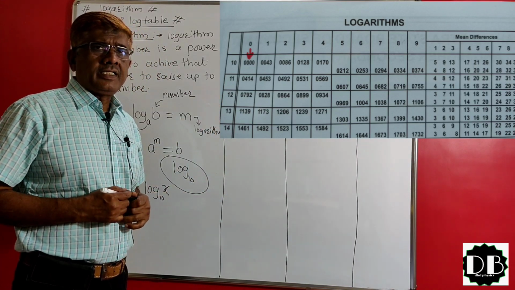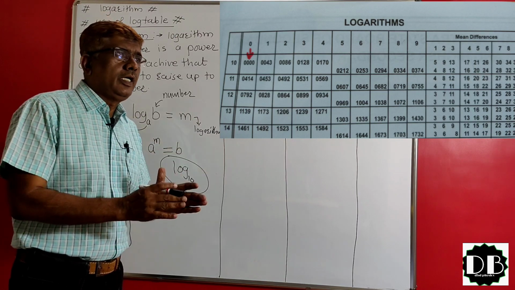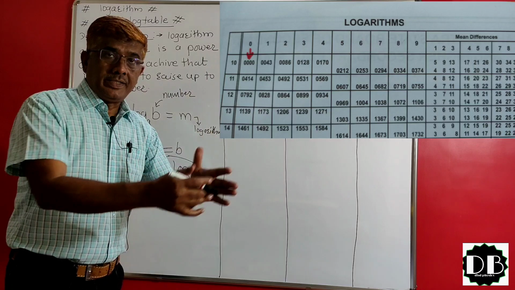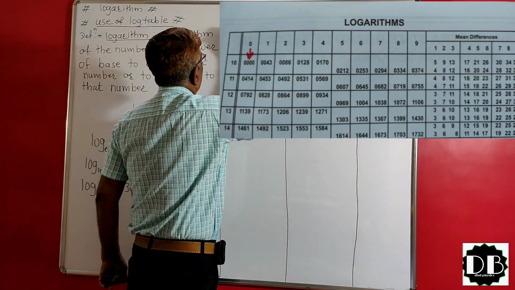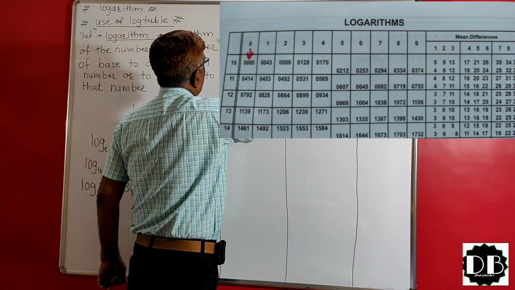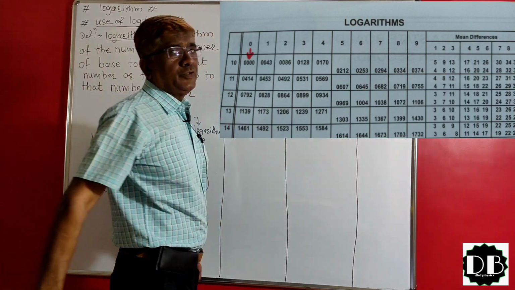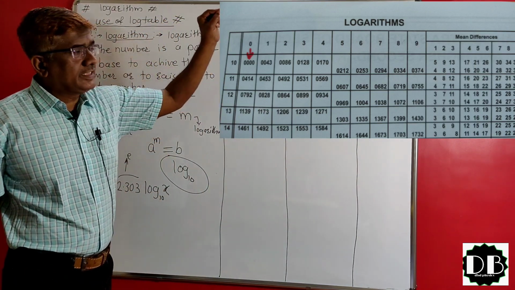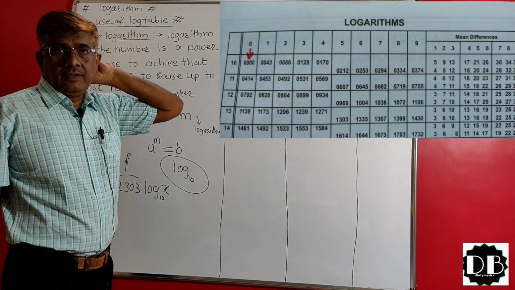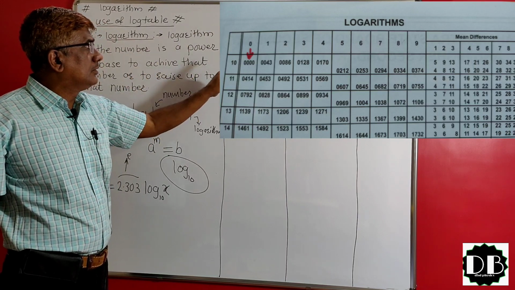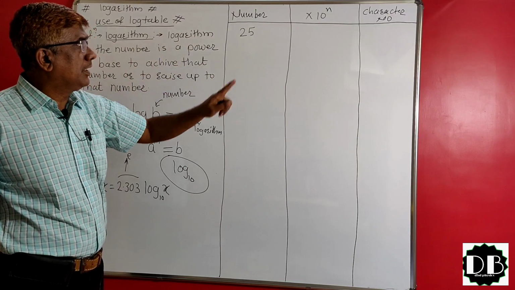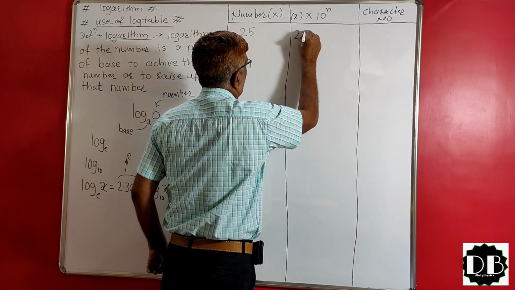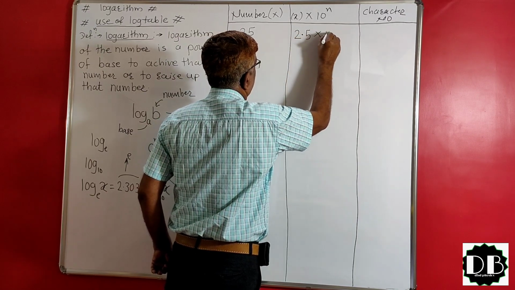What it means, character number means we have to convert that number in the form of power of 10. For example, we have 2500. We want to find out its character number, then we must convert this number in the form of power of 10, 2.5 into 10 raised to 3.